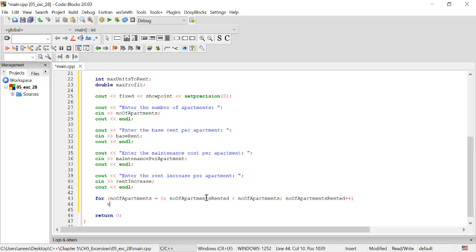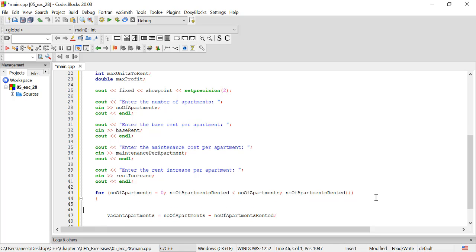And after that, we can write in vacant apartments is equal to number of apartments minus number of apartments rented. Then we can just take that out.